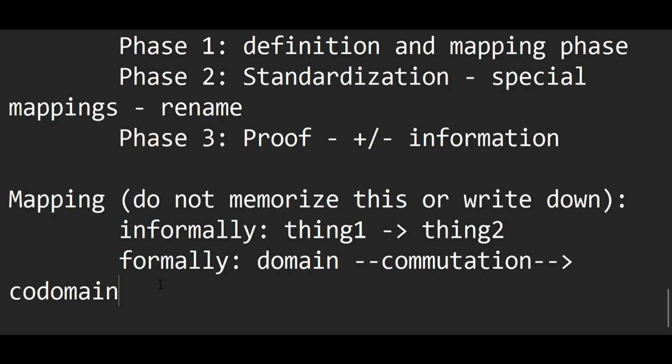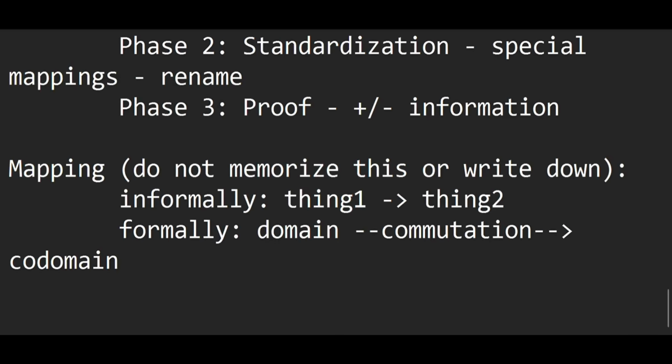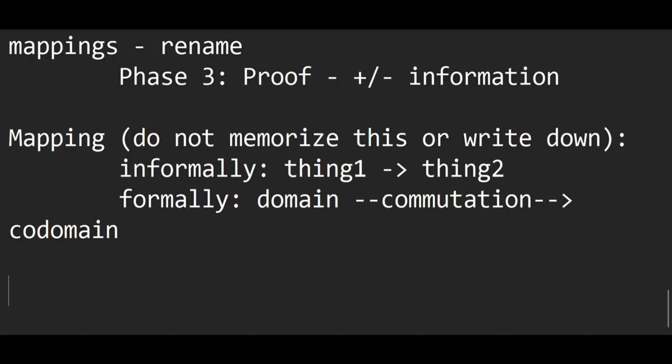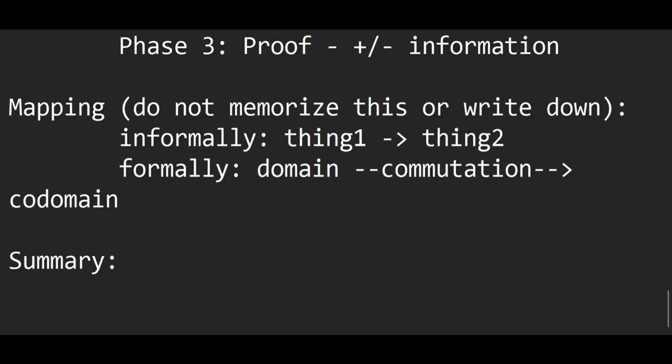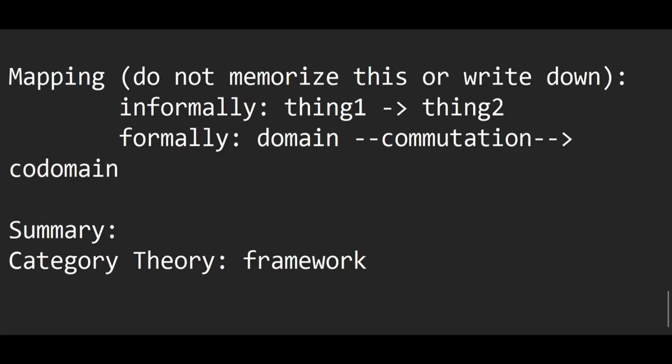Okay? So that pretty much wraps up category theory. So here's our summary for today. We talked about what category theory is. It is a framework. We talked about the four things of category theory.